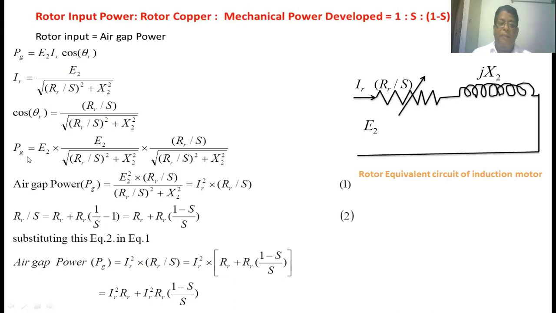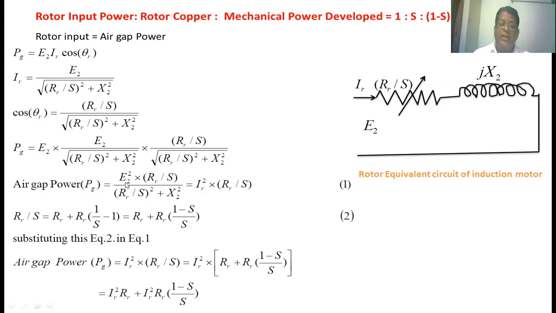We are getting the air gap power equal to E2 into E2 by square root of (RR by S) whole square plus X2 square, into RR by S divided by square root of (RR by S) whole square plus X2 square. In the denominator, these two get multiplied, so we get (RR by S) whole square plus X2 square.